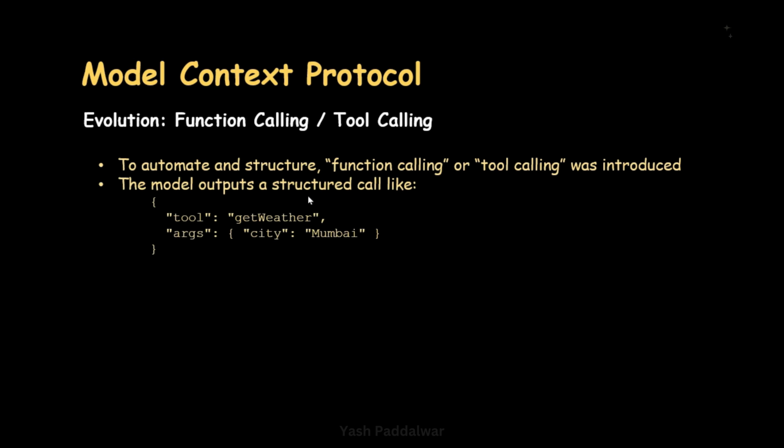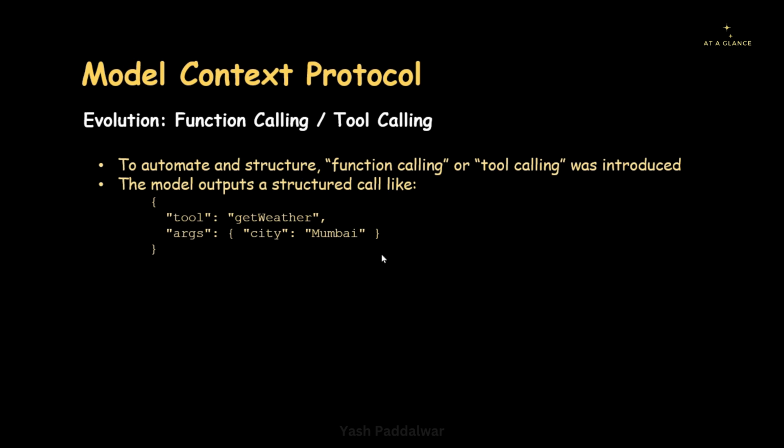You can see the model outputs a structured call like a JSON with some parameters like tool, that is the name of the tool, like get weather, and then the argument list. For example, in this get weather function, there is an argument that has to be passed, and from the query itself, this Mumbai keyword has got extracted and outputted by the LLM.